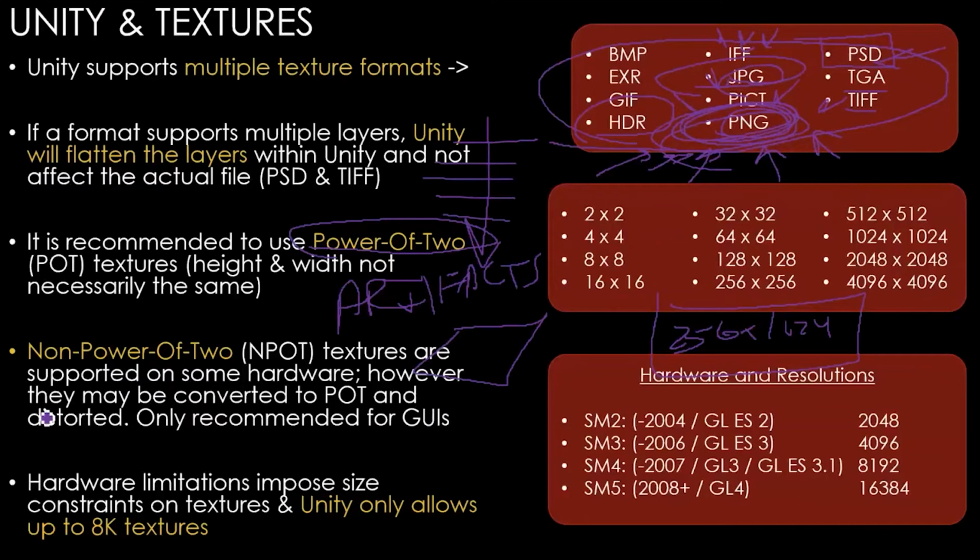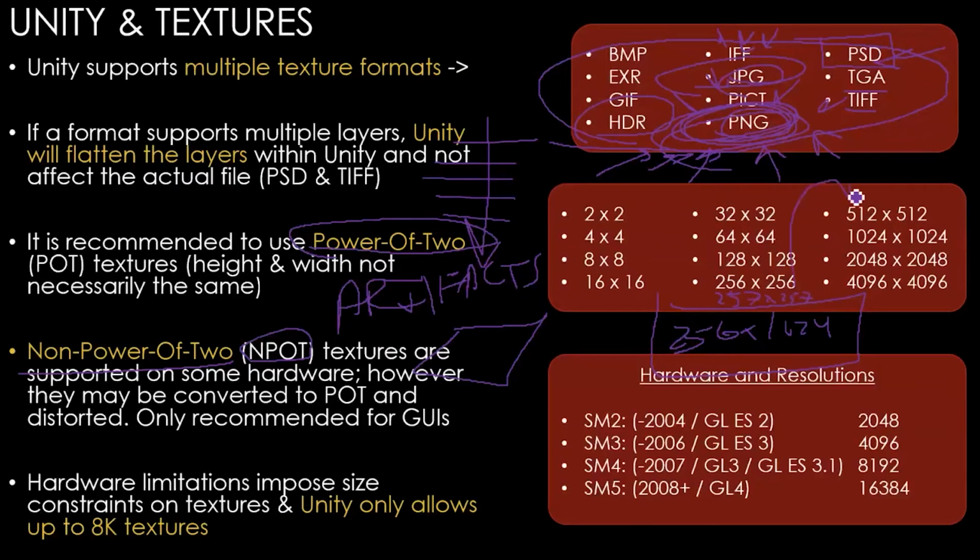If you do not use non-power of 2 or NPOT textures, most older hardware does not support them. And what happens is it takes your non-power of 2 and it will convert it to a power of 2, which means it will average pixels, distort your object, your image, and ultimately produce something that you might not want. In addition, if it is, let's say, 257 by 257, it doesn't downsize it to the nearest one.